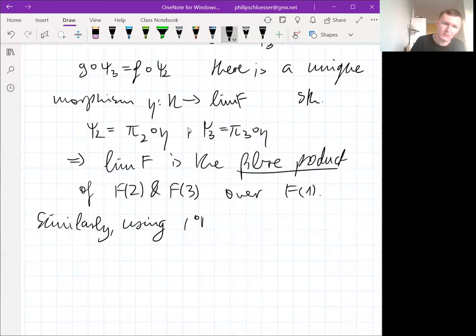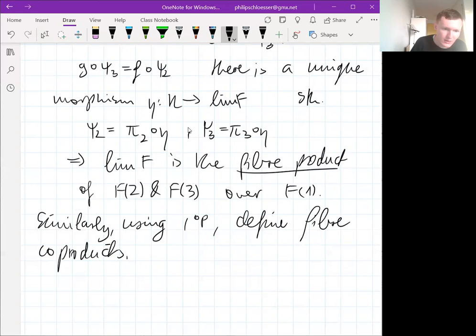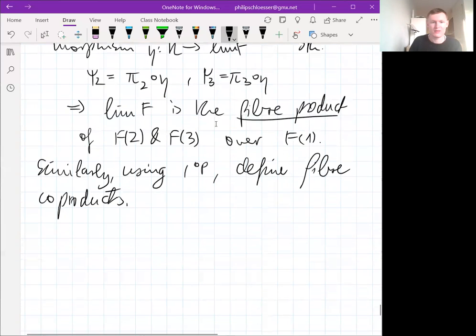Using I^op, define fiber co-product. And since this construction might not be as well known as the product, I'm going to quickly write down what this means for sets.